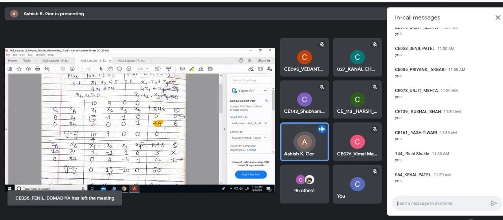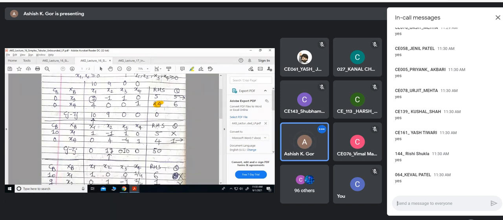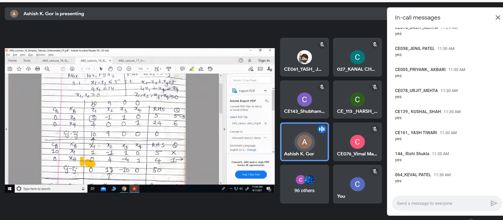But surprisingly, now you see, here you calculate Zj. Zj will be 10 here. It is minus 10 here. It is 10 here. It is 0 here. So Cj minus Zj: 10 minus 10 will be 0.